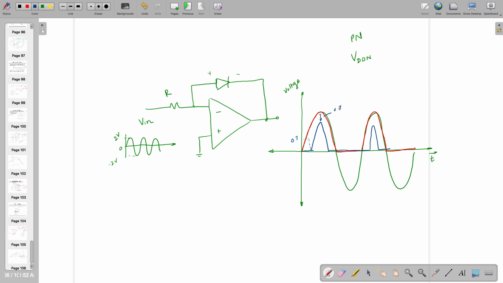After 0.7 volt, that gets short. This is a short circuit. Okay, I made a mistake. You are saying that this is the circuit. So I forgot that there is an op amp also, right?